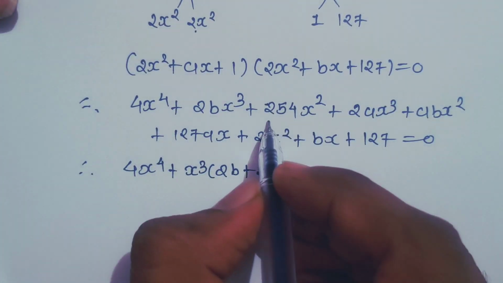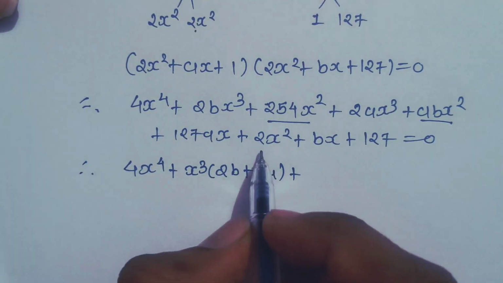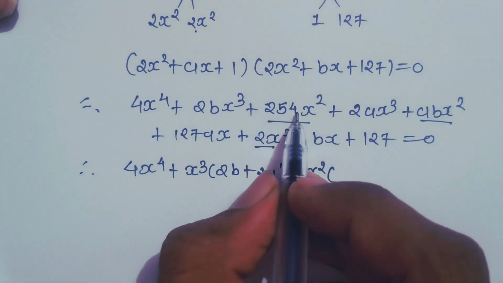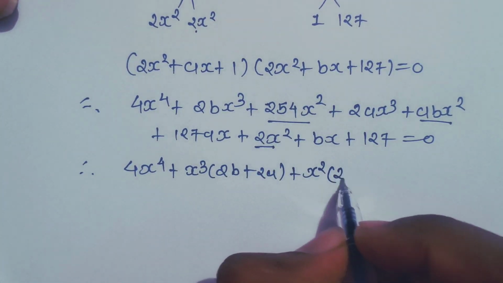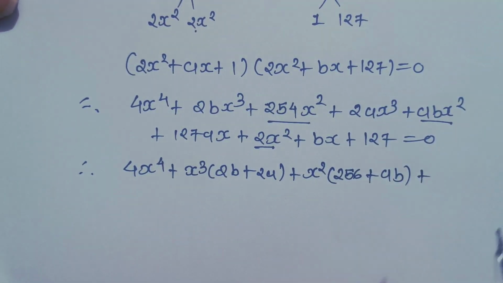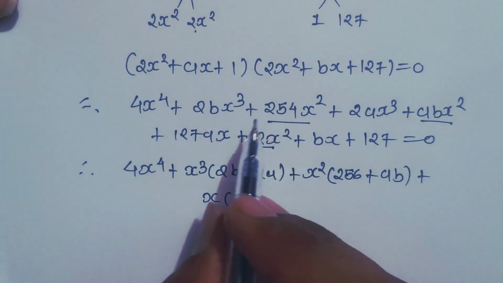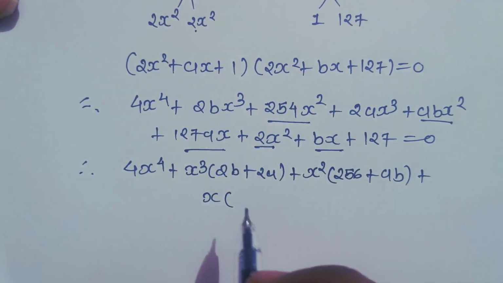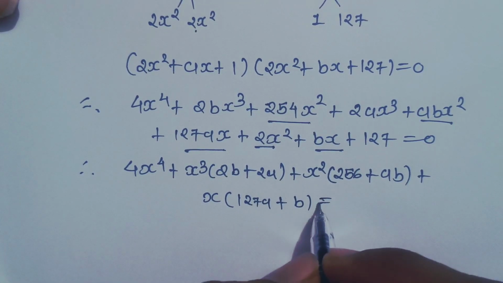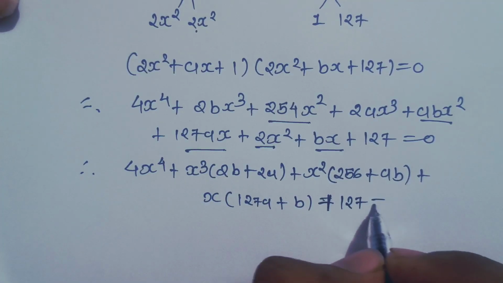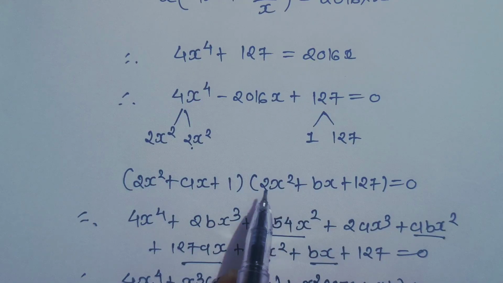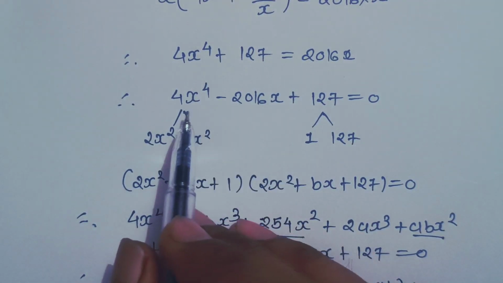Now the x square terms: taking x square common, 254 and 2 means 256, plus ab. Now the x term: 127a plus b. Plus the remaining 127, equal to 0. Now this equation is created from these factors, written as a fourth degree equation.